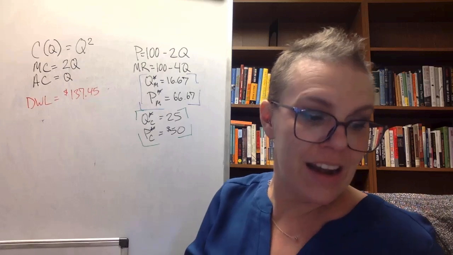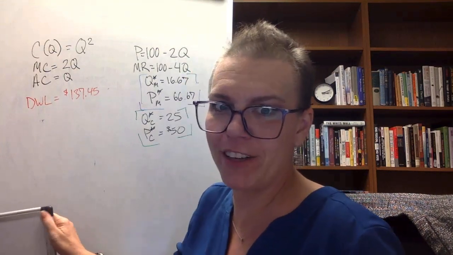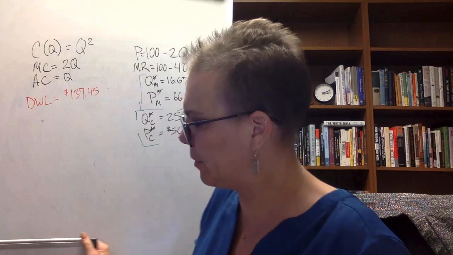All right. Now we want to calculate the monopoly profits. I'm going to use the graph to do the same thing, but we can think about it two different ways.